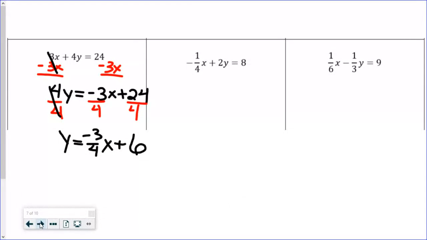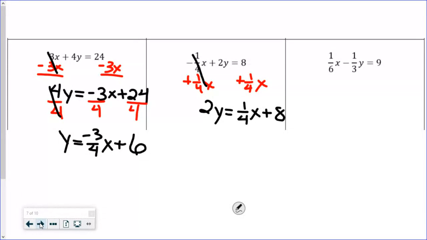Okay, this one is a little tricky, but I'm going to add 1/4 x. And I'm going to notice that I have 2y equals 1/4 x plus 8.